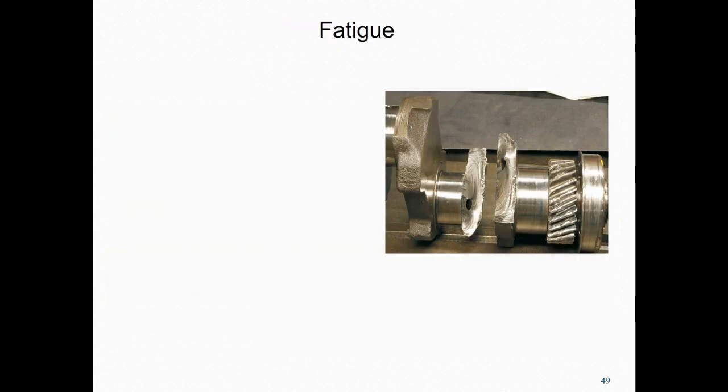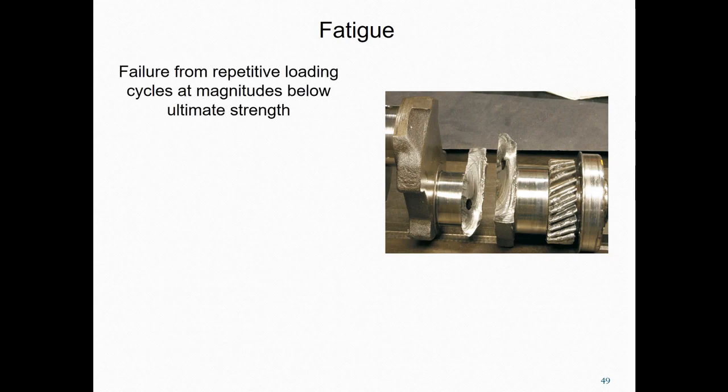Okay, let's move on to the concept of fatigue. Fatigue refers to a process in which a material can become weakened from experiencing multiple repetitive loading cycles. The process can lead to mechanical failures at magnitudes of stress below the ultimate strength of the material.